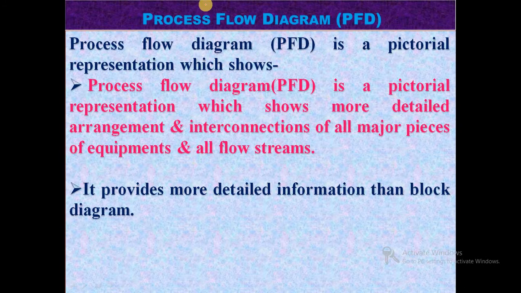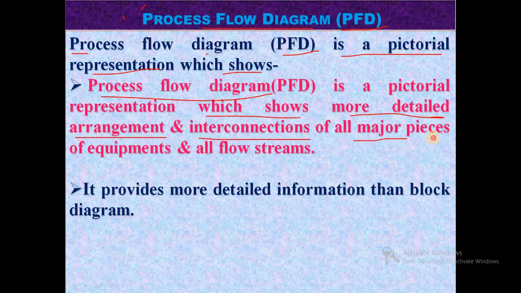Next is the second type, the process flow diagram, PFDs. A PFD is a pictorial representation which shows a more detailed arrangement and interconnections of all major pieces of equipment and all flow streams.